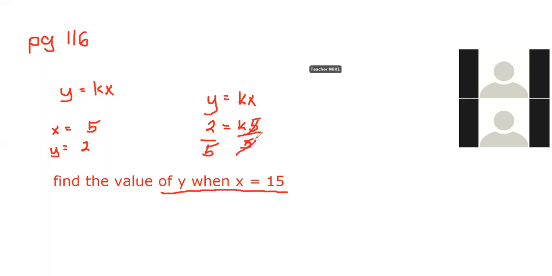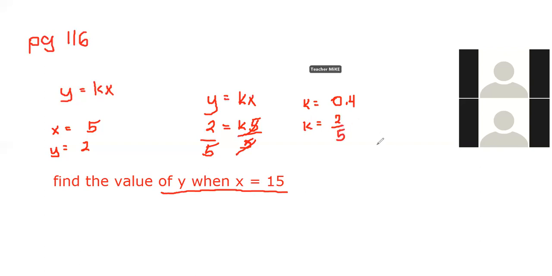So, k is equal to 2/5. You can also make it a decimal. 2/5 as a decimal is 0.4. Or you can write k as 0.4, or 2/5, whichever you like.